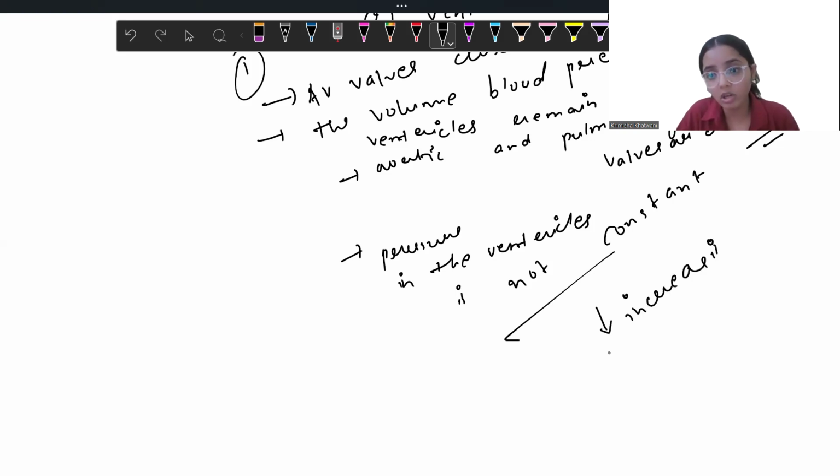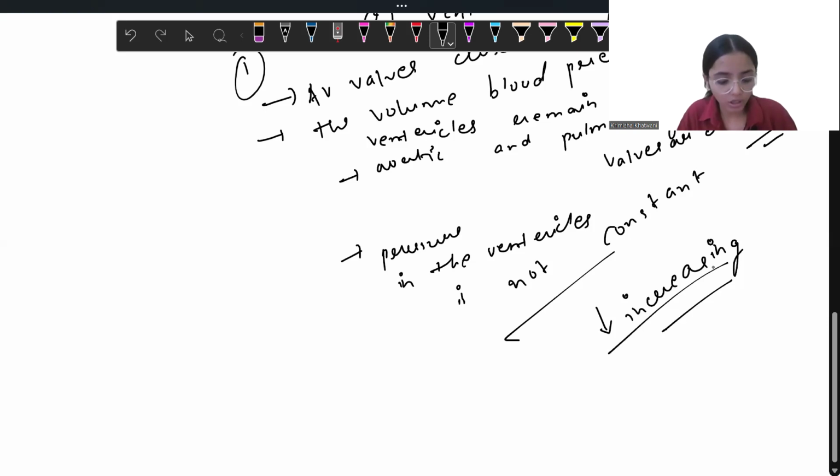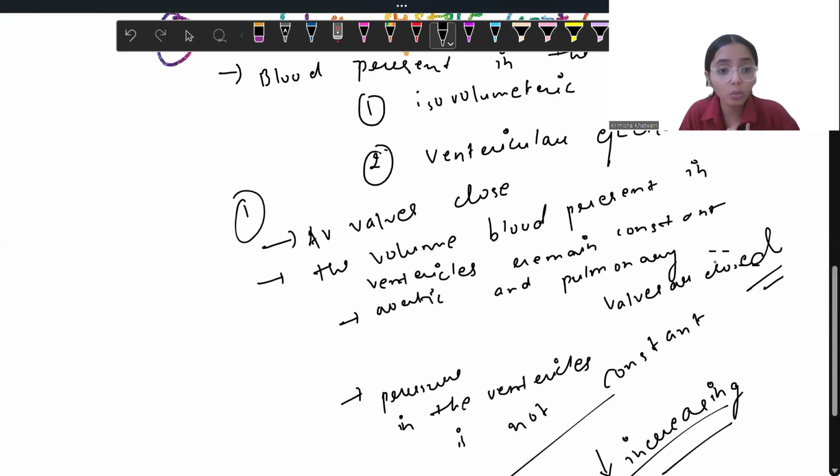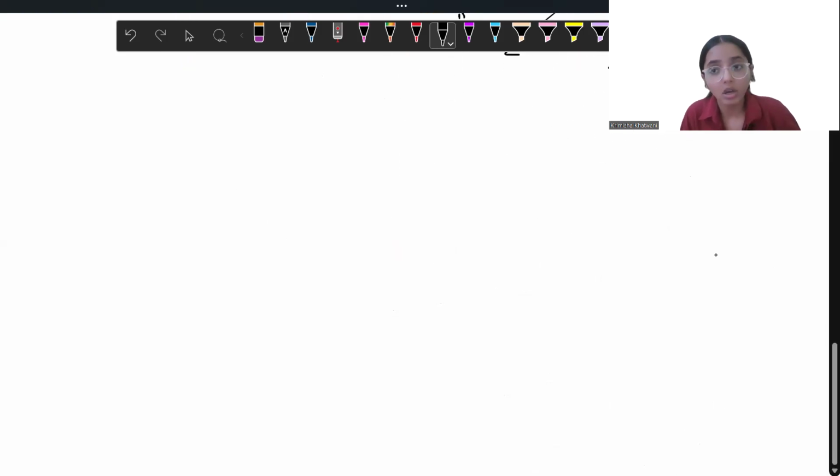So there are four things which occur during isovolumetric contraction of ventricular systole. The first is that atrioventricular valves close. The aortic and pulmonary valves remain closed. The volume of blood present in the ventricles remains constant, and the pressure inside the ventricles increases.